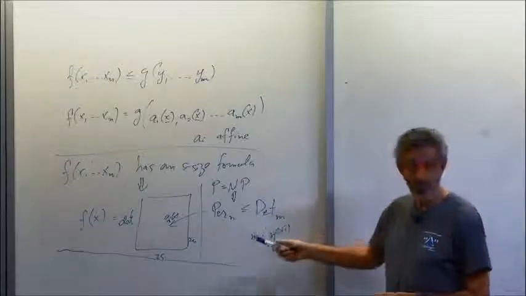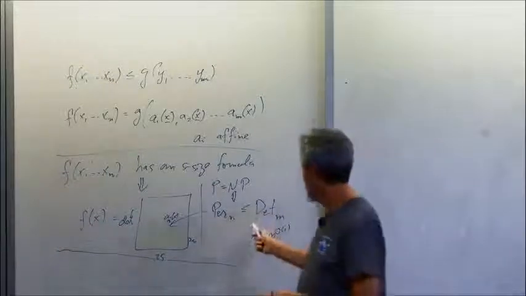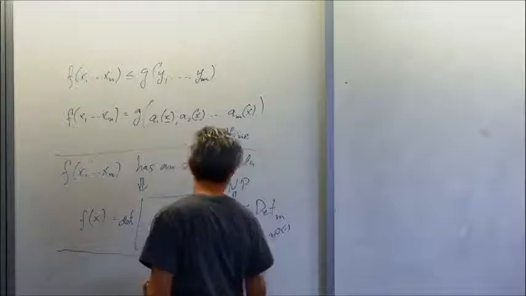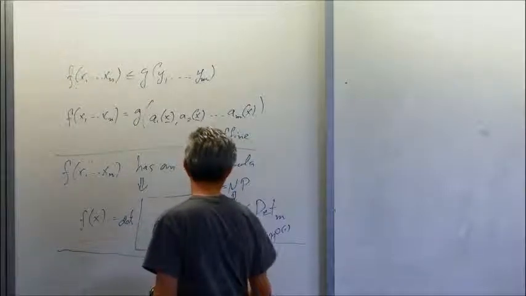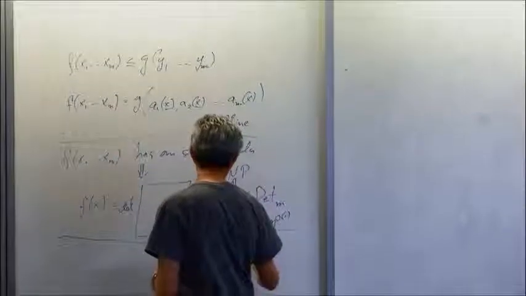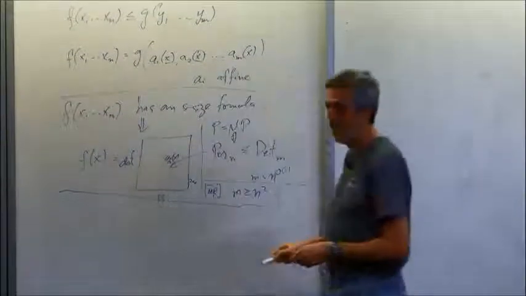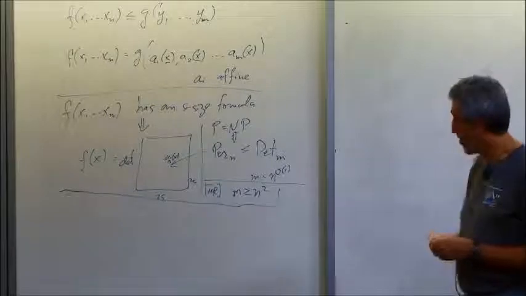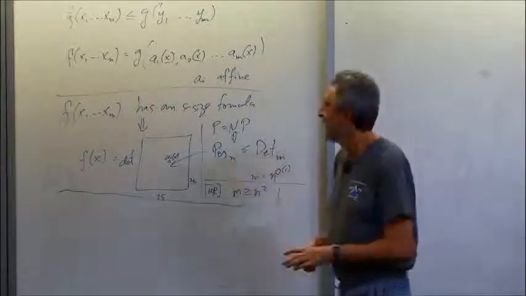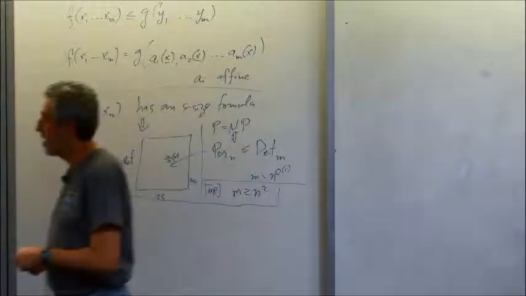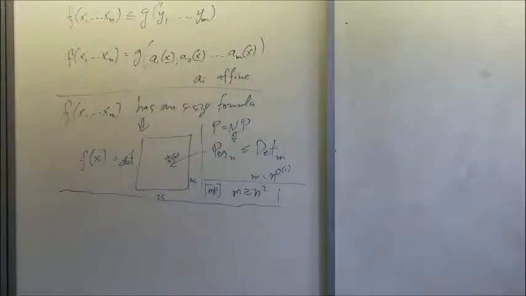But for those who are interested to know what's the best known, there is a result of Mignon and Ressayre showing that this m is at least n squared. So we do know something, although if you think about it, that's exactly what the linear lower bound would be. But anyway, we covered this, and of course I'll have time for exactly a quarter of what I planned.